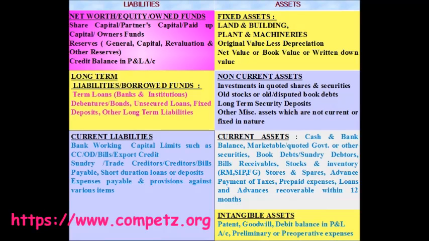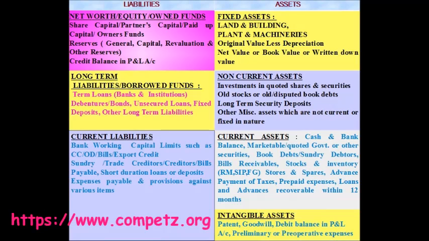The third heading is current liabilities: bank working capital limits such as cash credit, overdraft, bills, export credit, sundry creditors, bills payable, short duration loans or deposits, expenses payable, and provisions against various items. So under liabilities we have net worth, long-term liabilities and current liabilities.